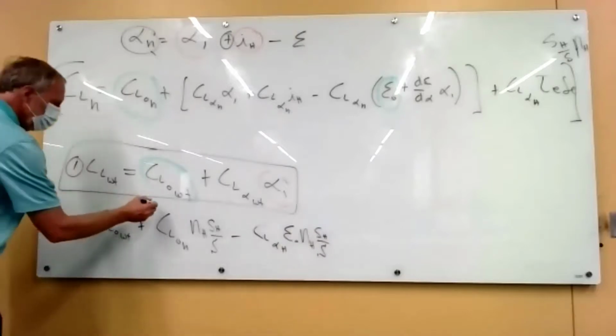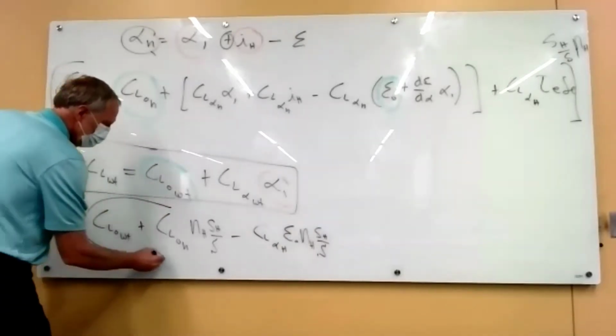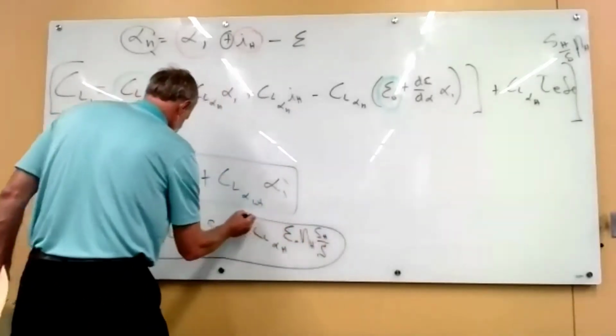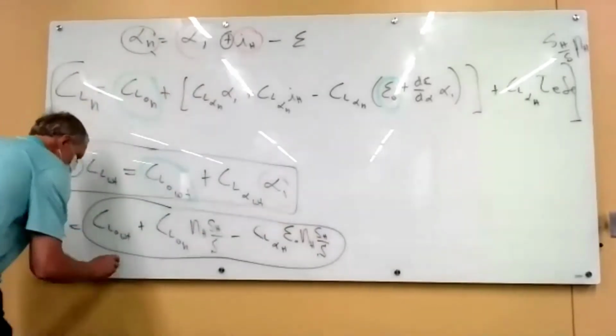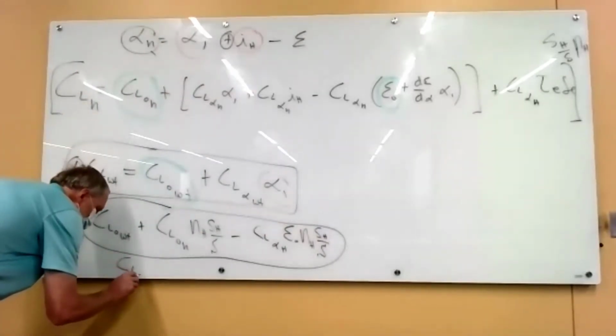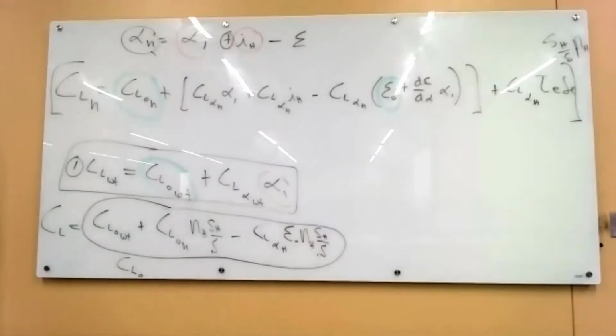And that's the thing in our linear model for the lift that we call CL subscript 0, because it's the lift at 0 angle of attack, 0 elevator, 0 IH.